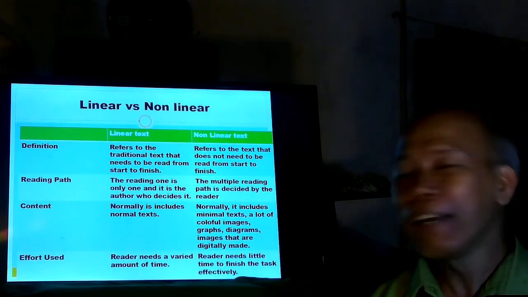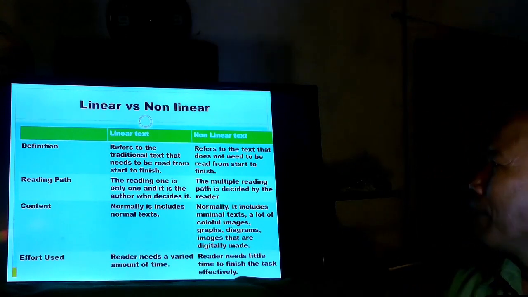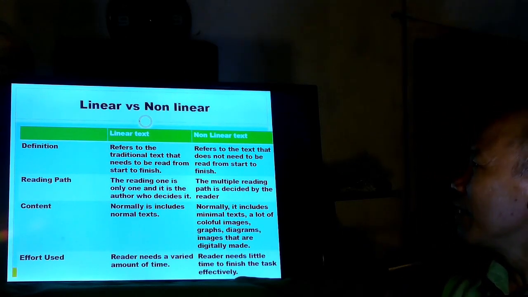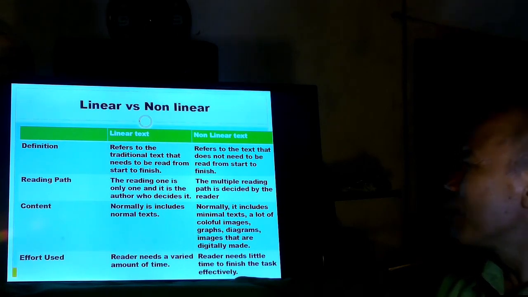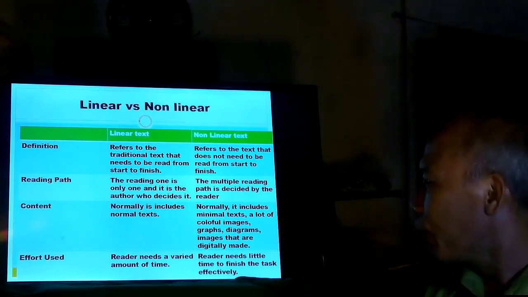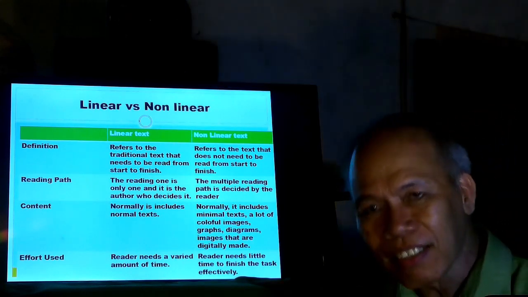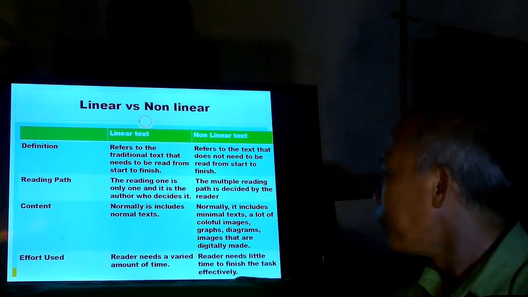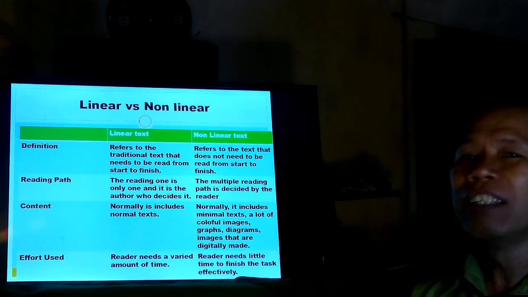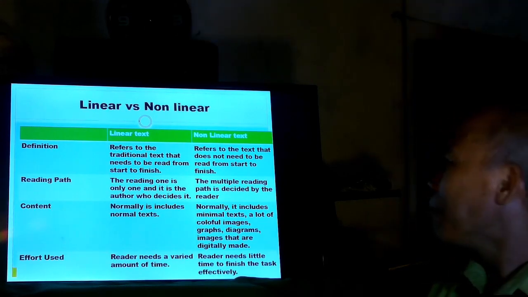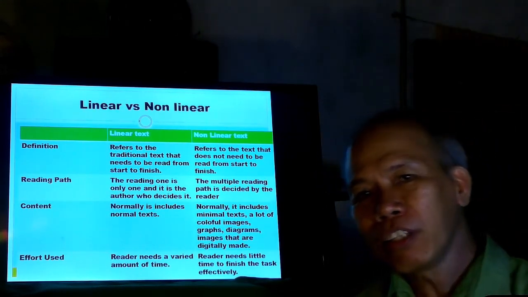How about the reading path? In linear text, there is only one reading path, and it is the author who decides it. In nonlinear text, the multiple reading paths are decided by the reader.